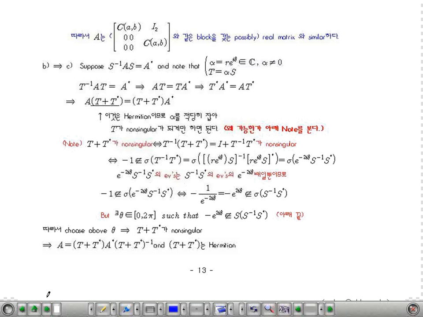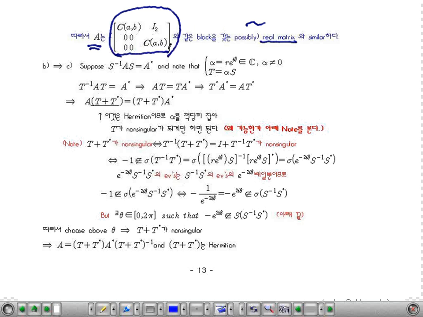Okay, so we can think the matrix A is similar to a real matrix, because this matrix A is similar to a matrix of this type of blocks.